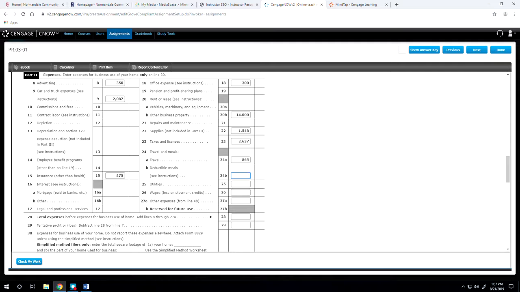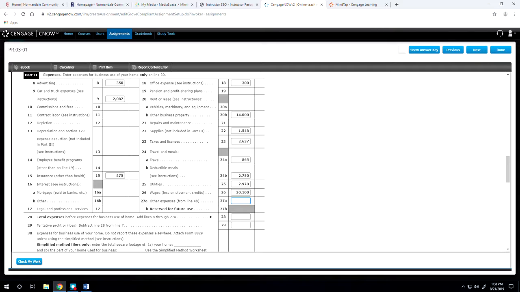So the deductible meals, which is 50% of the $5,500, is $2,750. Utilities, that's on the income statement, $2,978. Wages. Wages are under cost of services. That's those salaries of $30,100.